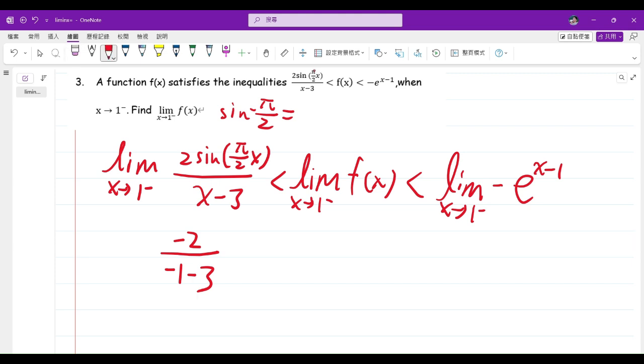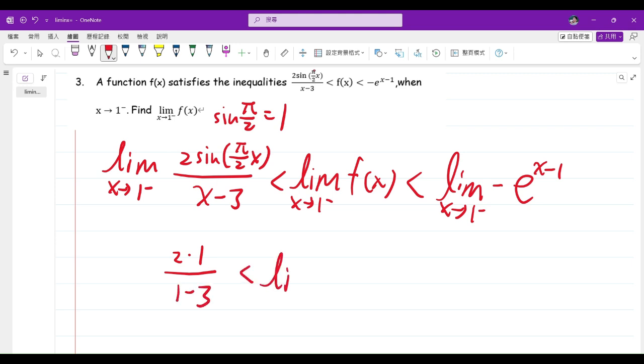What? Sorry, it's 1. Oh, it's not negative. Sorry. So approach 1, not negative 1. So that's sine pi over 2 equals 1. So the numerator is 2 times 1, and the denominator will be 1 minus 3. For this one, it's negative e to the 1 minus 1.